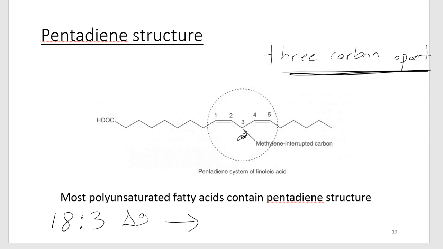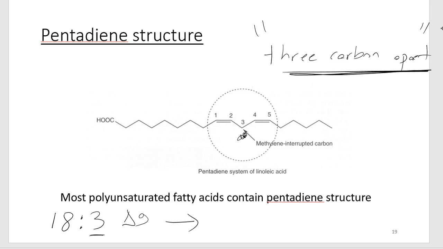We know that there are 3 double bonds, and it's a polyunsaturated fatty acid. Since it has 3 double bonds, we know that it has a pentadiene structure. We can apply that rule, the 3 carbon apart rule.